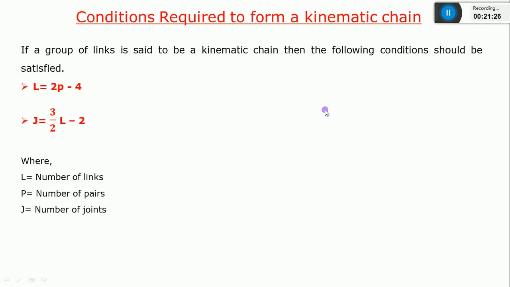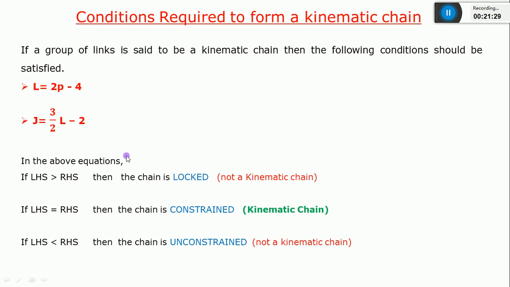Please take this down. L is the number of kinematic links, P is the number of kinematic pairs, and J is the number of joints between links. I'll take some examples. Just take these notes, this slide. These two conditions have to be satisfied, then only I can say the group of kinematic pairs is a kinematic chain.